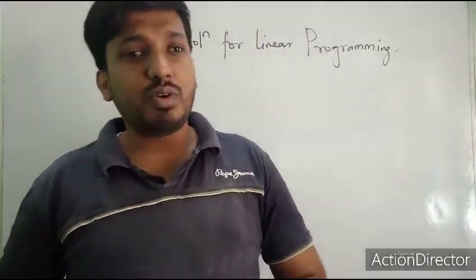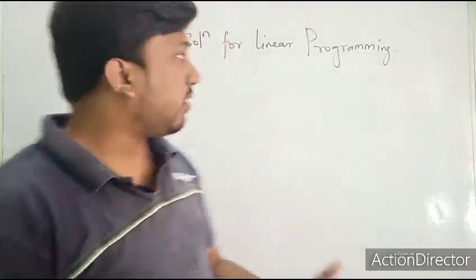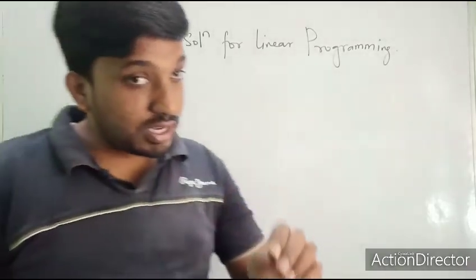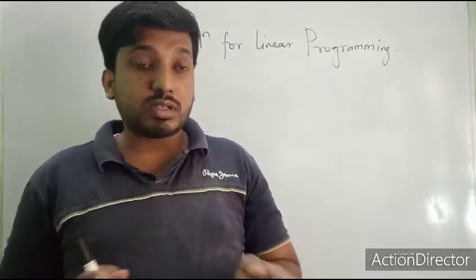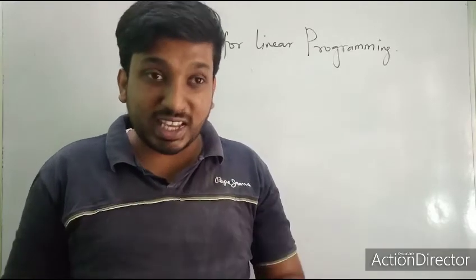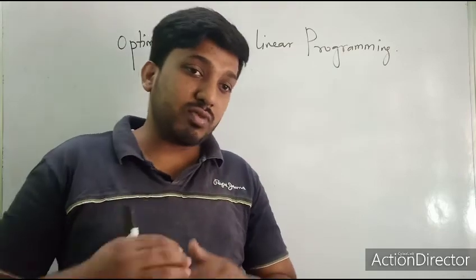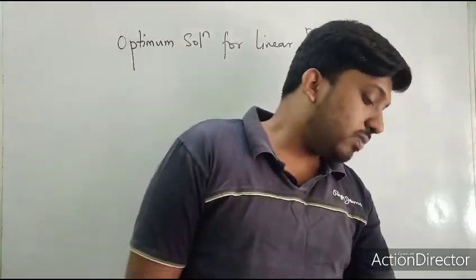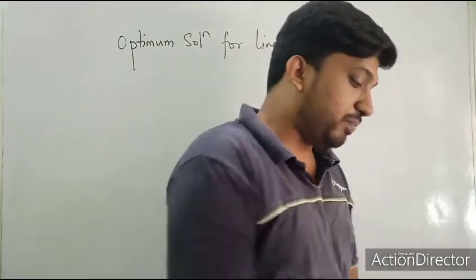You will be getting the inequality equations and also the objective function, that is the simple expression, right? So when we plot that, the values which we get for maximum and minimum, we call it the optimum solution for linear programming.